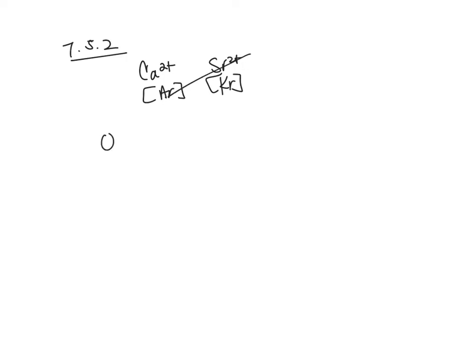Okay, so now we're at 7.5.2. Which of the following pairs are isoelectronic with each other? If you look at calcium 2+, you could see that that is argon. And then strontium 2+ would be krypton. So those are not the same, so that's not isoelectronic.